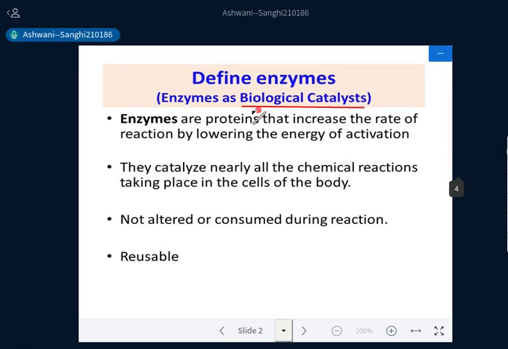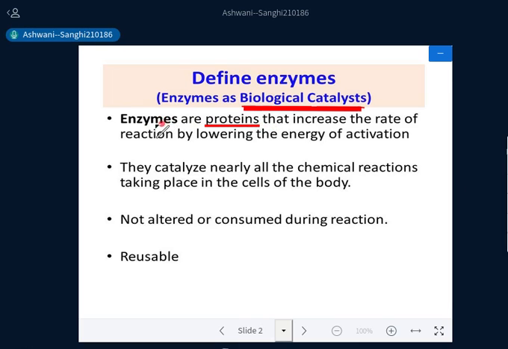So in biochemistry these are called biological catalysts, and these catalysts are proteins in nature.